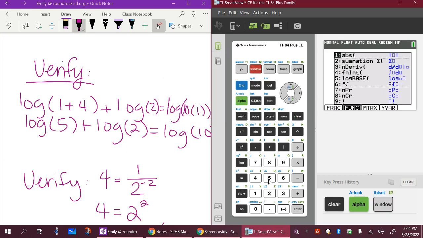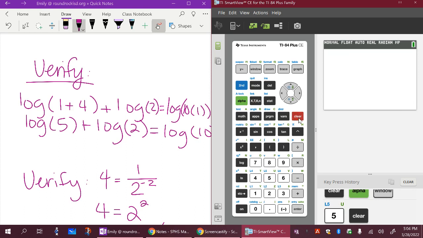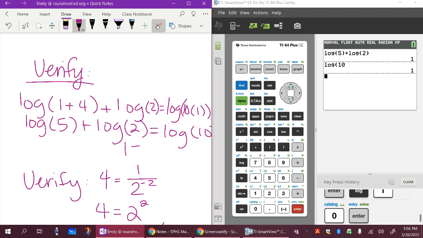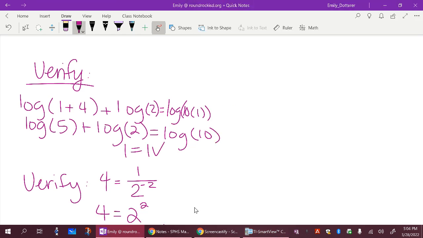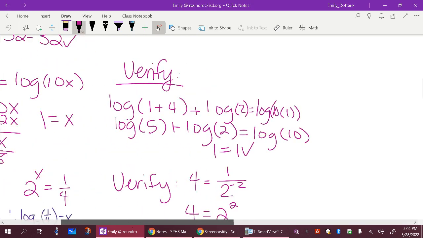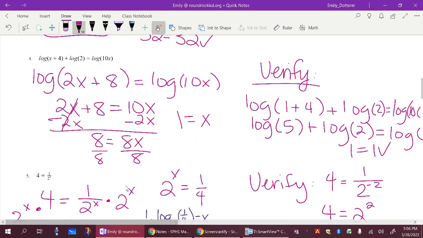So alpha window 5. Oh, actually, we can do that and put the 10 in, but since it's base 10, we can actually just hit that button down there. Plus log of 2. And log of 10 is also 1. So 1 equals 1. That is indeed a true statement. And there we are.